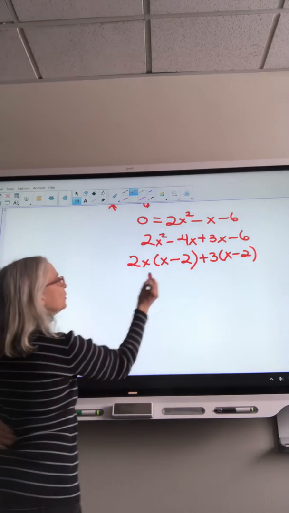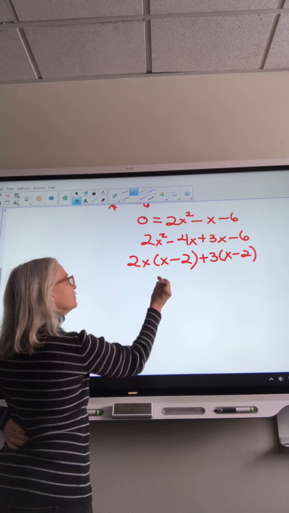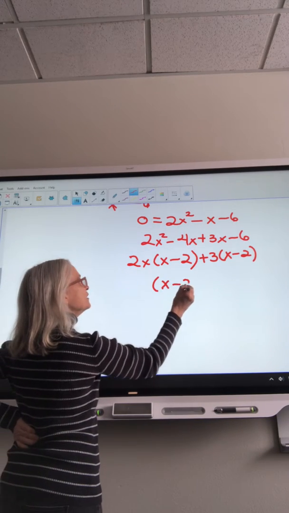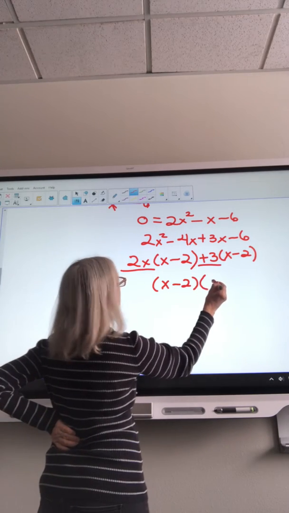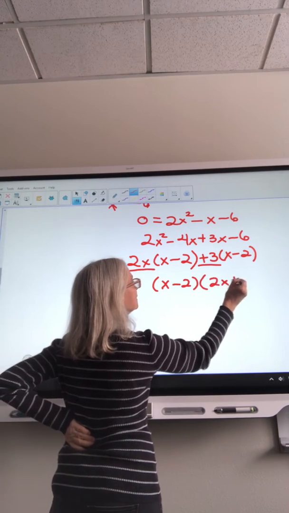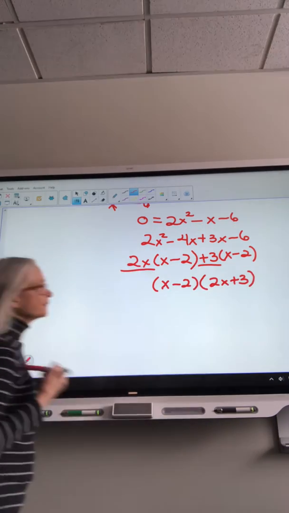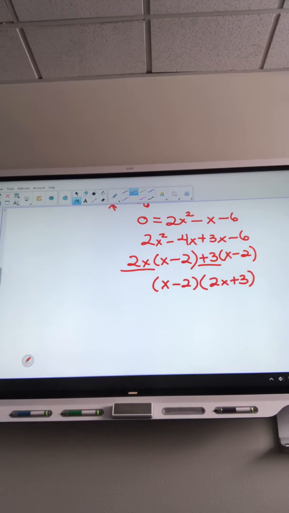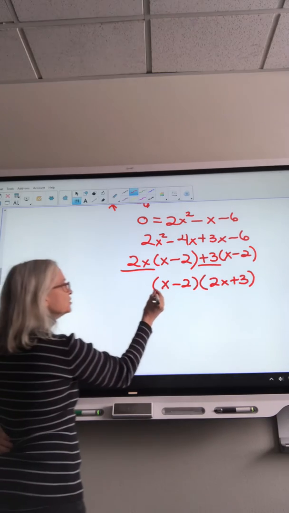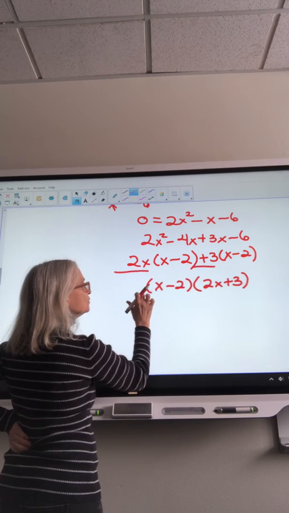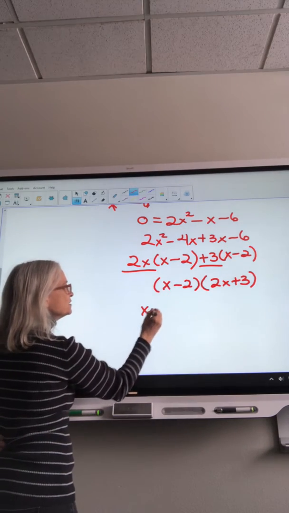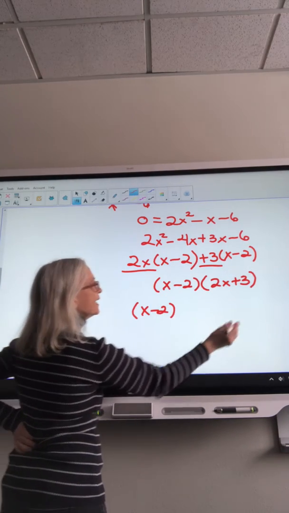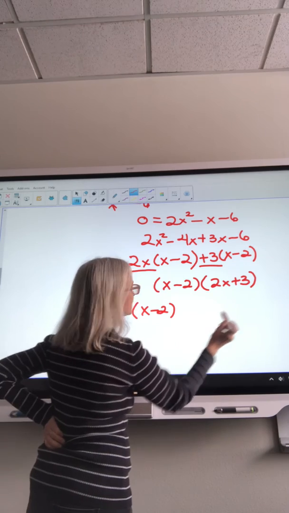Okay, so we group together the common binomial factor x minus 2 and the 2x plus 3 in a second parenthesis. So remember, we're looking for solutions. We are going to solve x minus 2, and we're going to solve 2x plus 3.